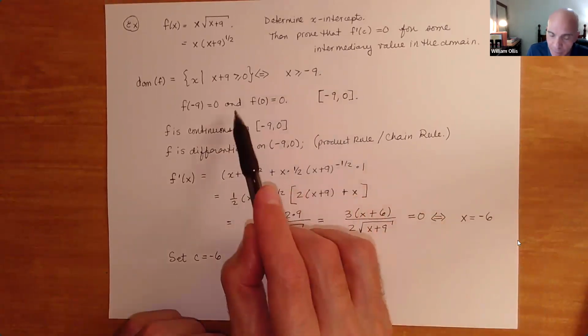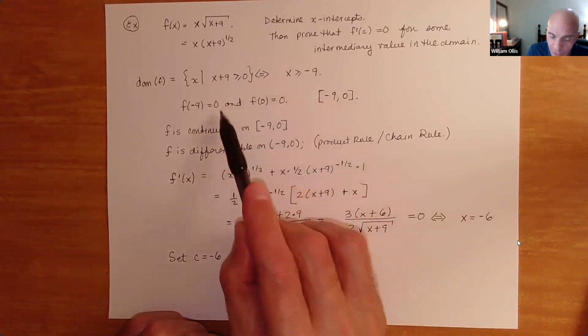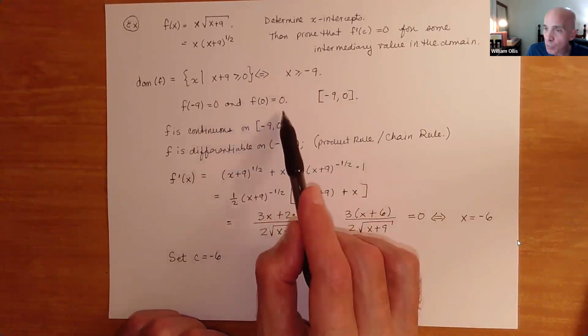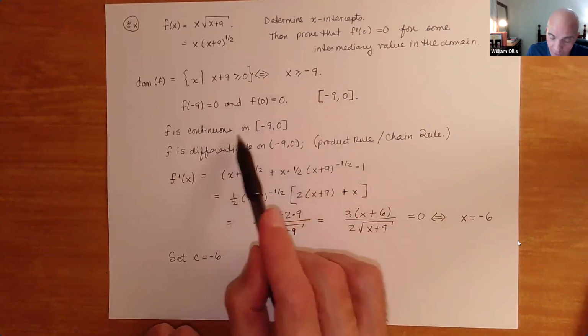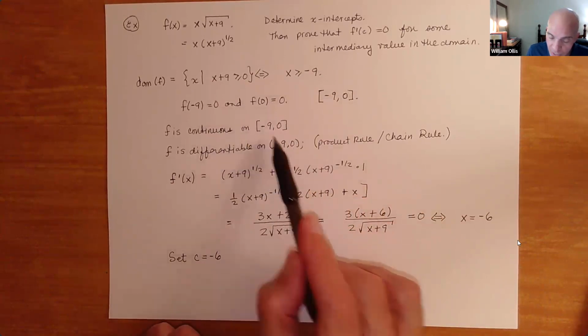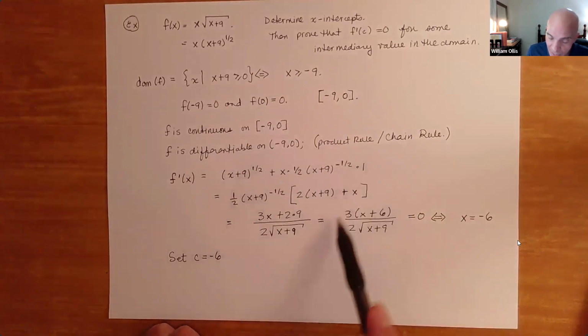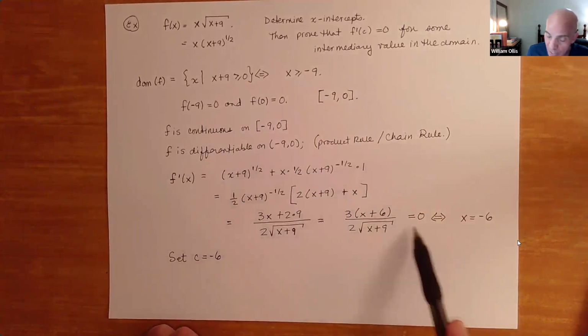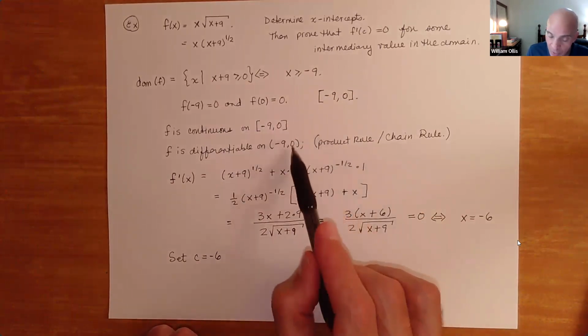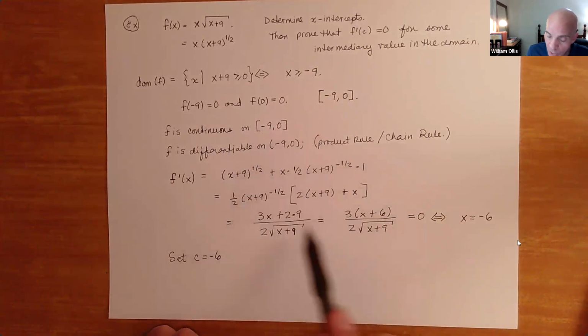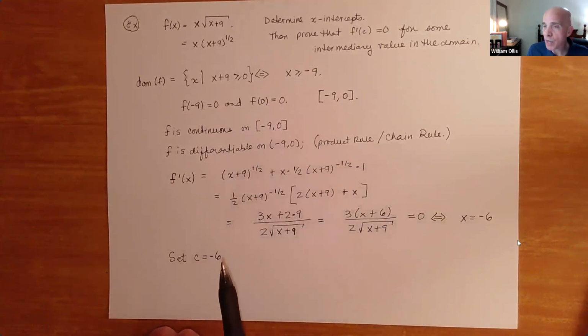We've got the endpoints of the interval having the same value under the function. We have the continuity on the closed set. We now see, at least in a more precise way, the differentiability on the open set. So we are guaranteed the existence of the horizontal tangent.